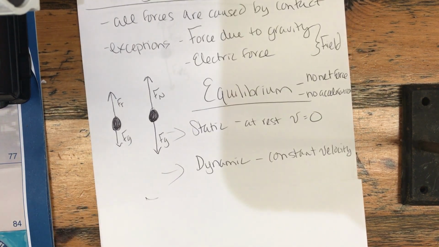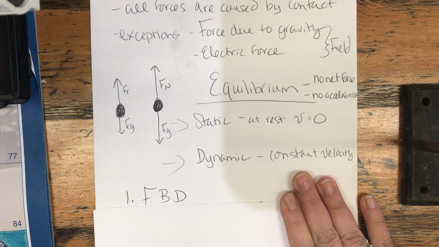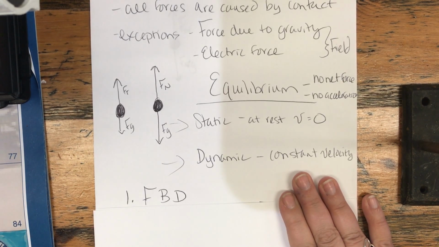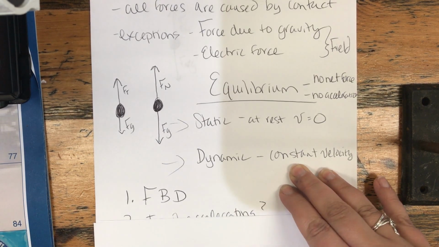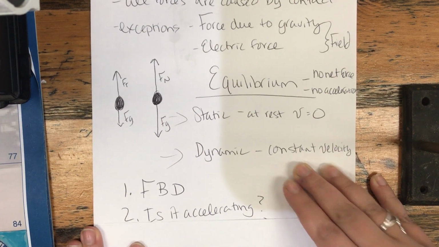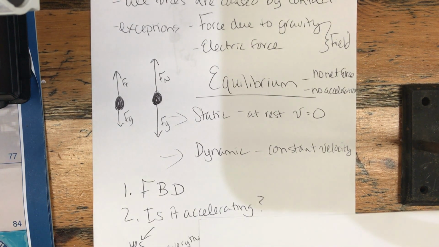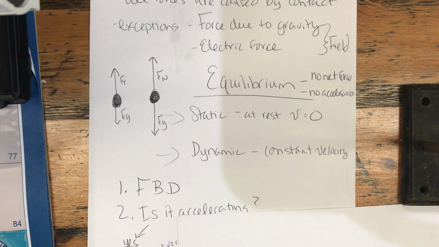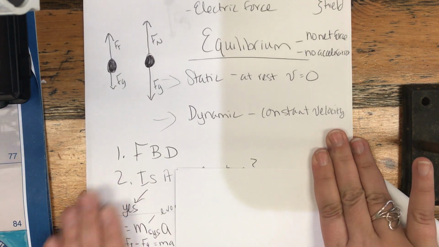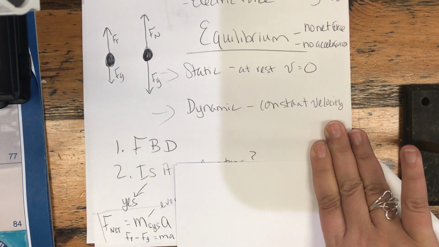All right, so that's the first step to any Newton's law problem: draw a good free body diagram demonstrating those forces. Then the second step is to ask yourself, is this object accelerating based on the parameters of my problem? If the object is accelerating, then we use Newton's second law to figure out something about the problem.